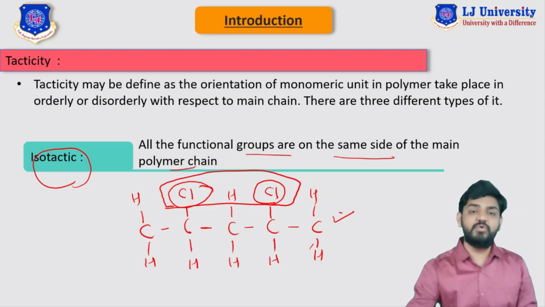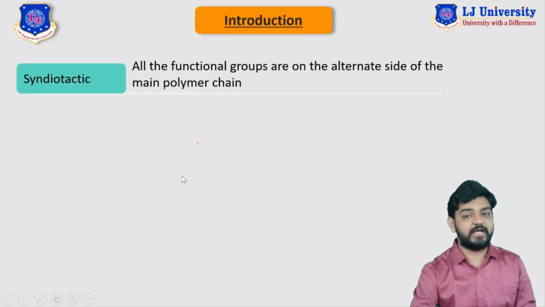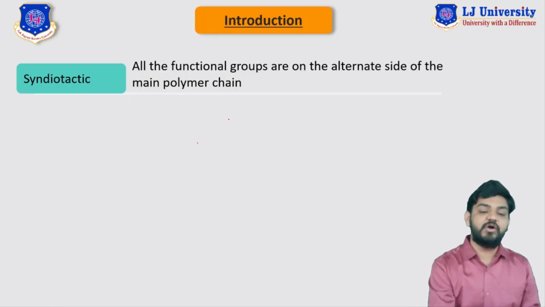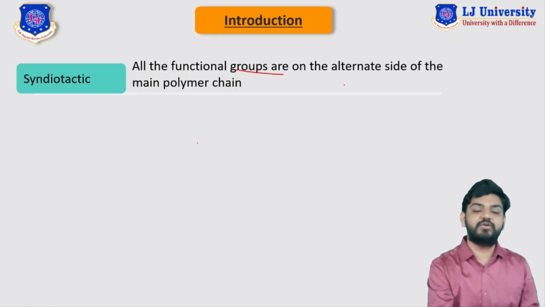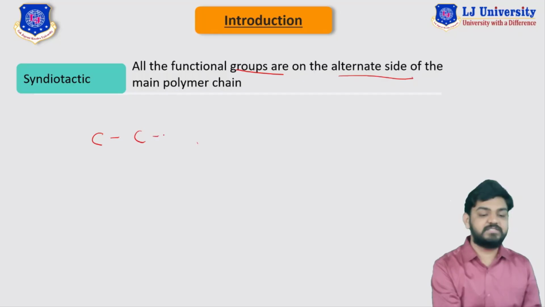Now let's move to the second type of tacticity, that is syndiotactic. In the syndiotactic, all the functional groups are on alternating sides. To explain this, let me draw one molecule like this. It has 6 carbon atoms.